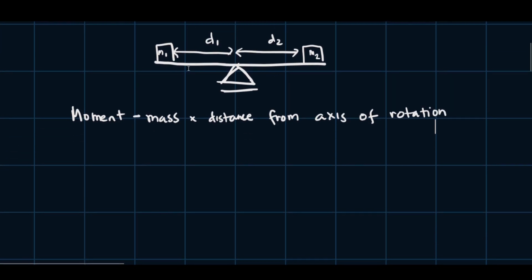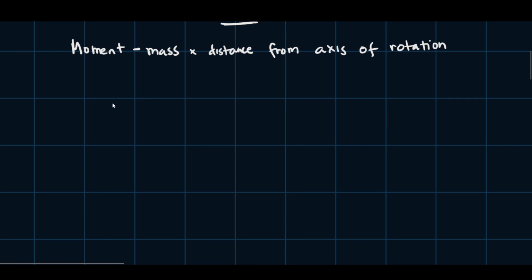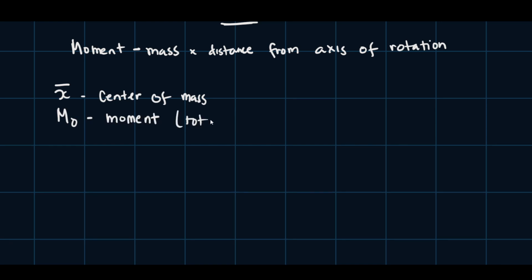Okay, we have the following notations for our discussion. We will denote x bar as the center of mass, M sub 0 as the moment, or as the total moment, M as the total mass, and in terms of the moment and the mass, the center of mass is given by the moment over the mass.